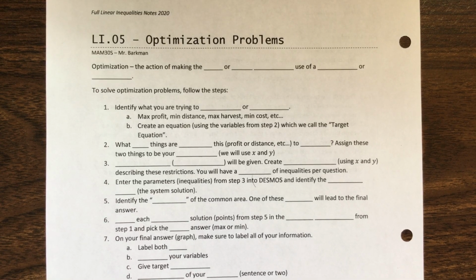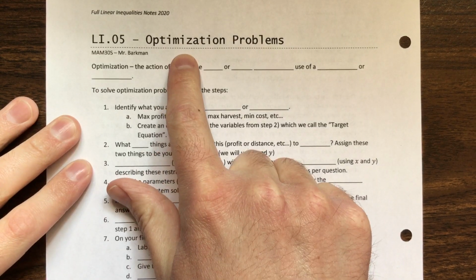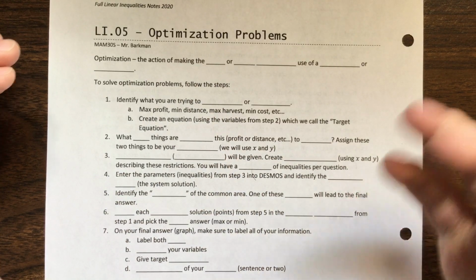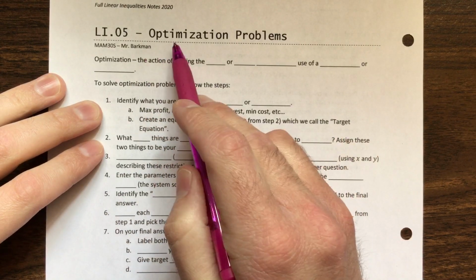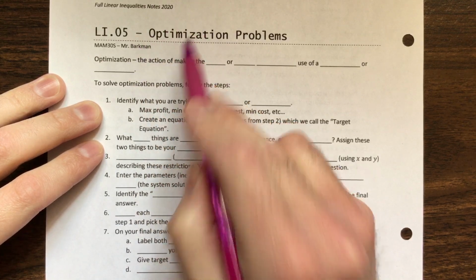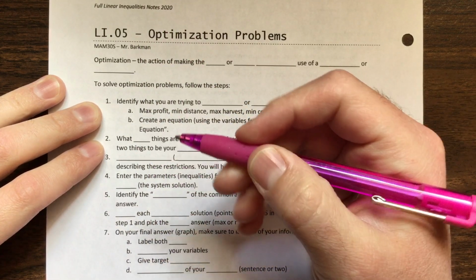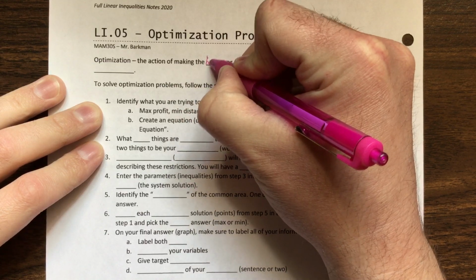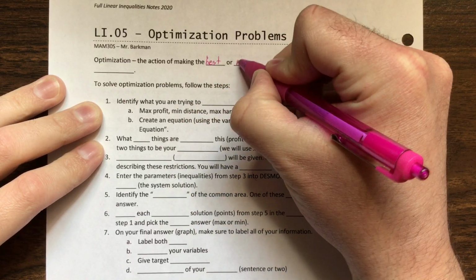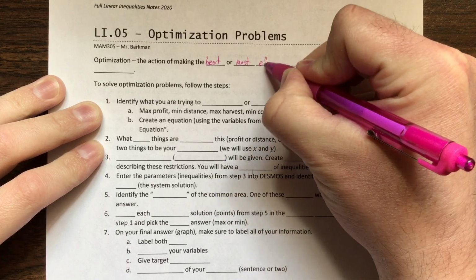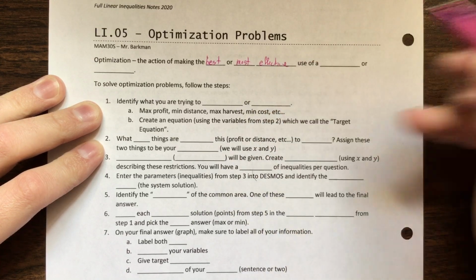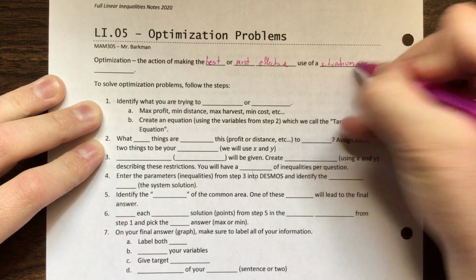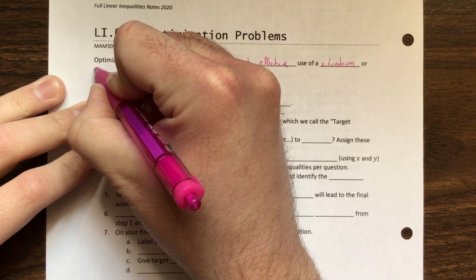Final section on linear inequalities is going to be optimization problems. Now, optimization isn't necessarily something we think of all the time, but we do think of optimizing, and that's what the root of optimization comes from. So optimization is the action of making the best or most effective use of a situation or resource.